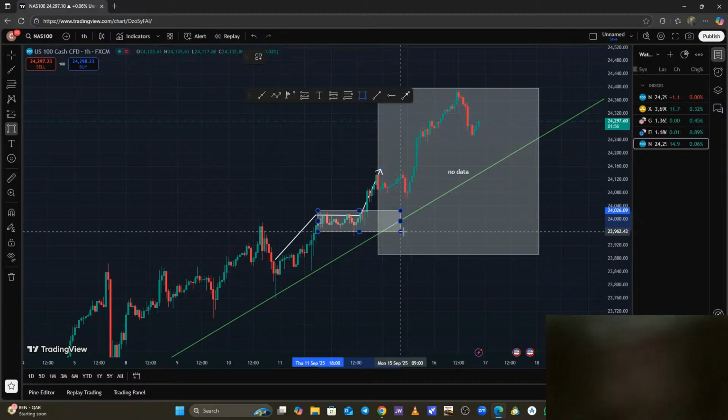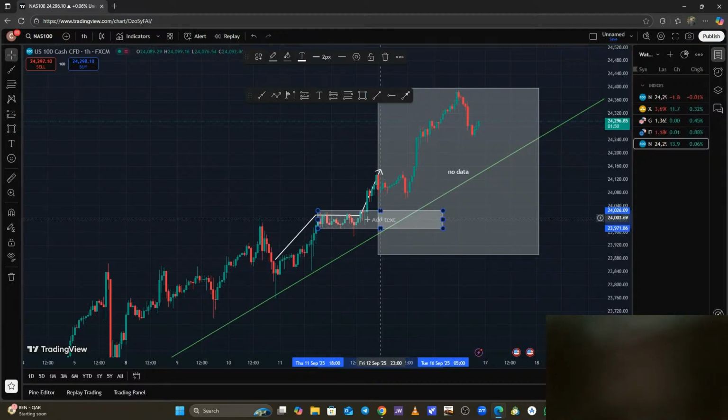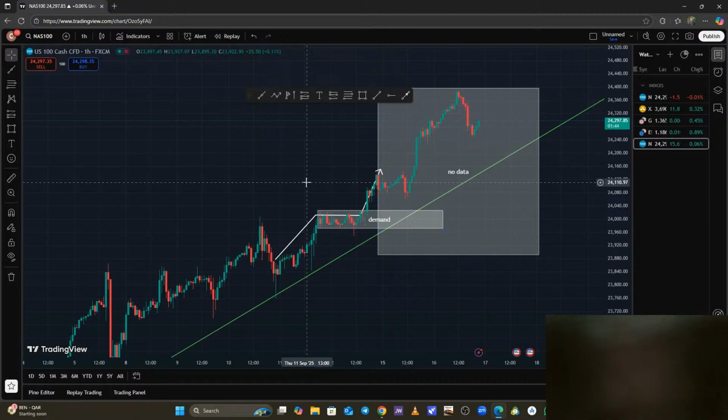So this zone here will be my demand zone. Now the price was up here. So this here was the rally, then the base, then the rally.